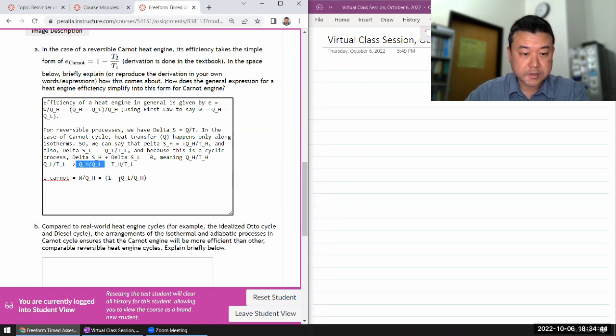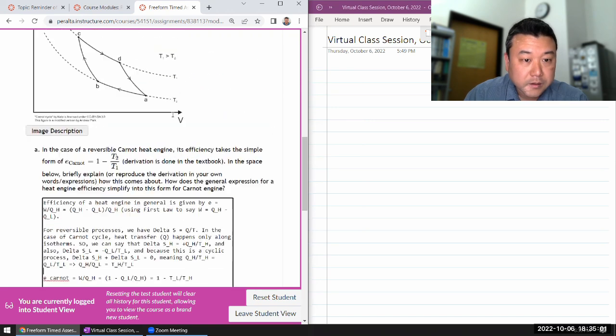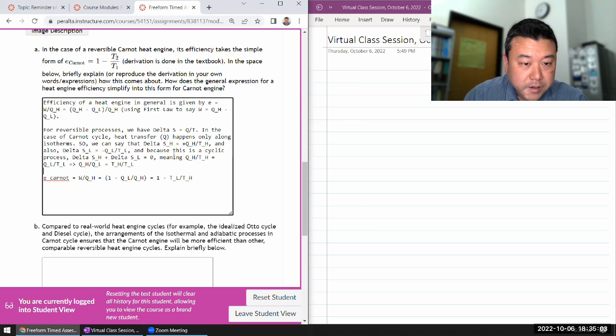This ratio is the reciprocal of that, so I can put in the reciprocal in that place. So it's 1 minus TL over TH, and that is the expression for the Carnot cycle. Let me just make sure. Yeah, T1 is greater, so TH is my T1 there, and TL is the T2 there. So that's it.